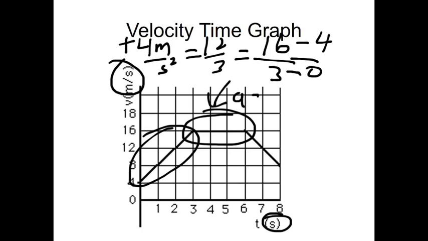Now in this section, that means the acceleration is equal to 0. That does not mean that this object isn't moving. This object is moving during this whole time interval right here at 16 meters per second. So it's moving forward. It's just not changing how it is moving between 3 and 6 seconds.